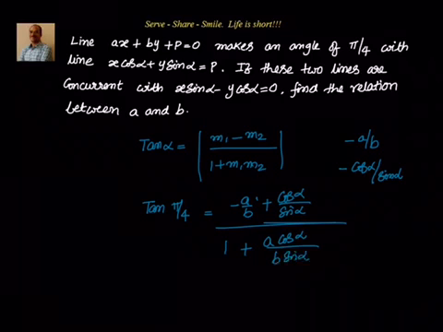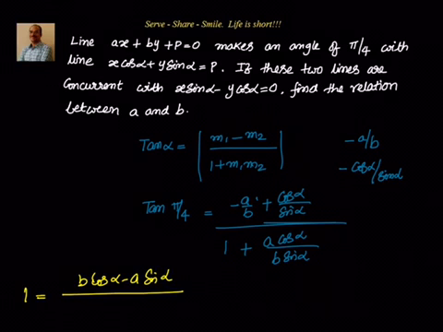Let's go to the next step. We know that tan pi by 4 equal to 1. So I can write 1 equal to b cos alpha minus a sin alpha after simplification, and the b sin alpha in the denominator will cancel, so I am not writing that.